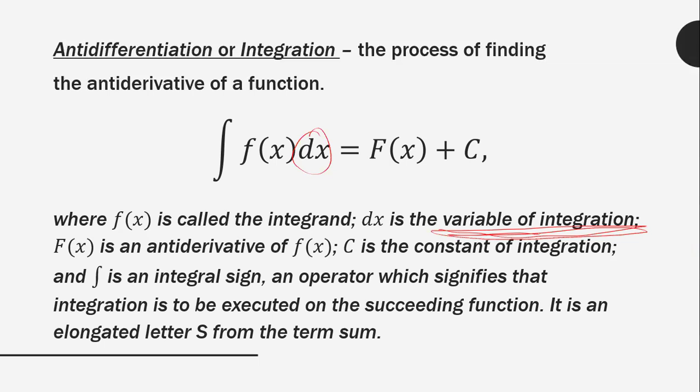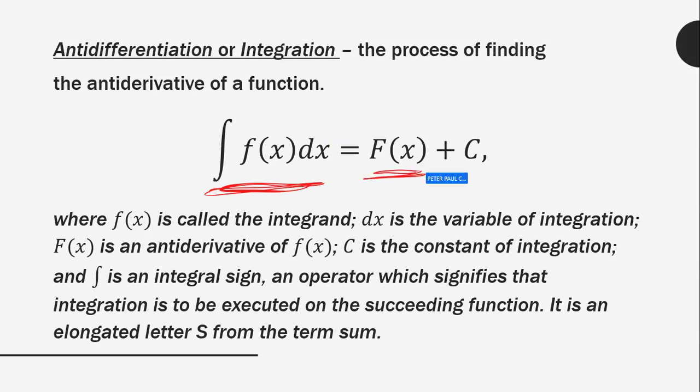In this case, we are getting the integral with respect to x. If you have a dy, then you are integrating with respect to y. Sometimes we also use du, that is integrating with respect to u, or dw, which is integrating with respect to w.